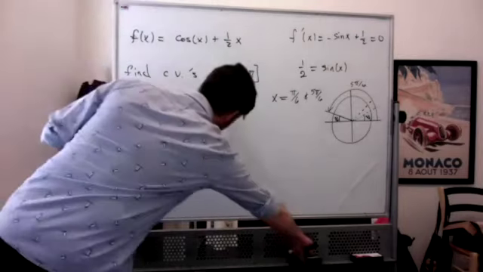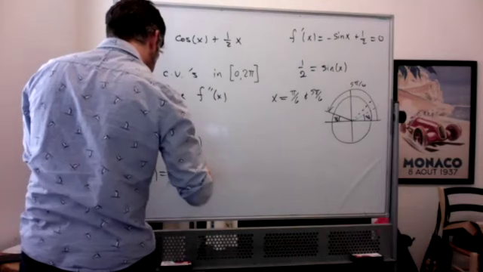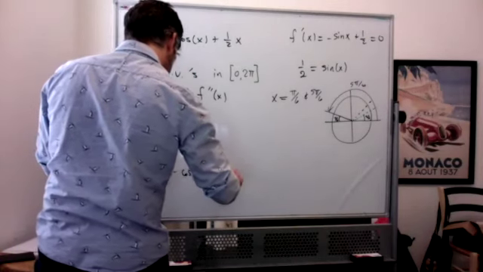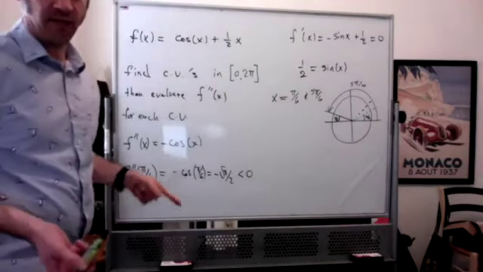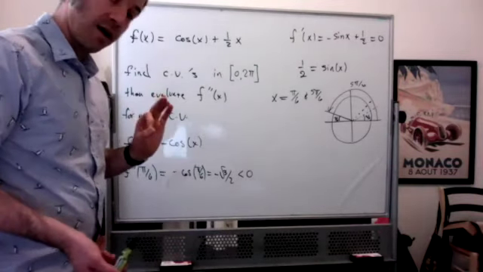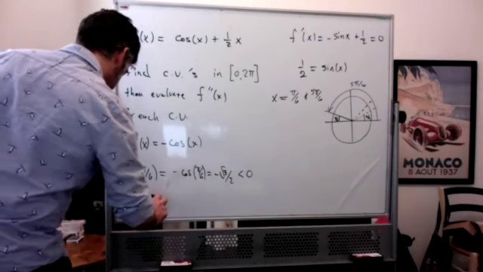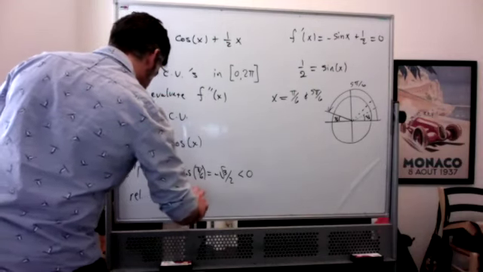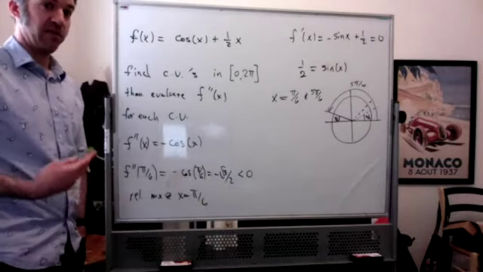I suppose I should write that out. Which means that at pi over 6, we have a relative maximum, because it would be concave down, because the second derivative is negative.